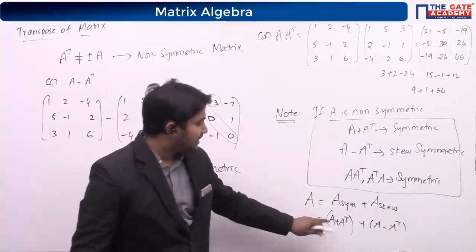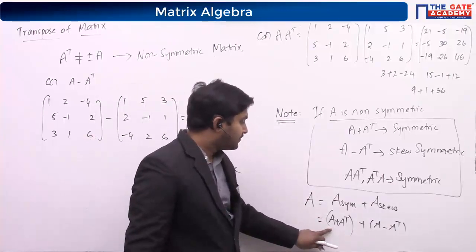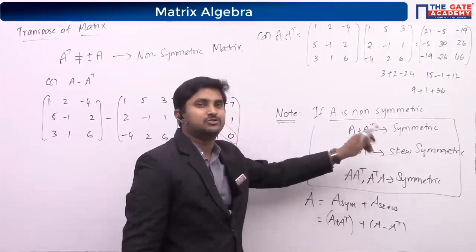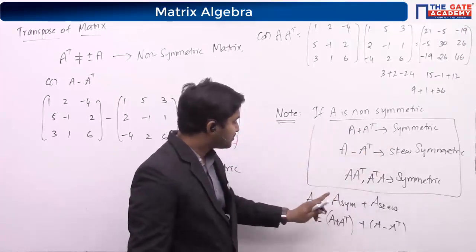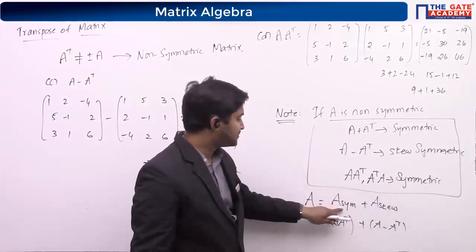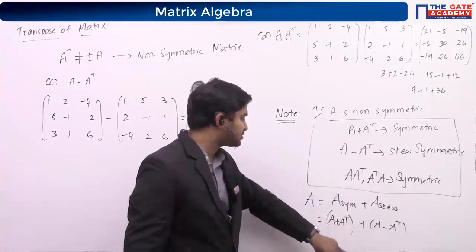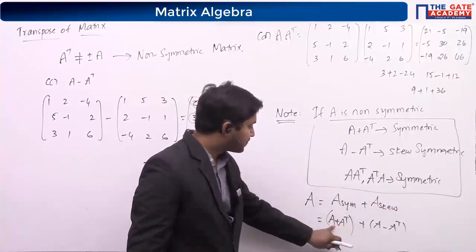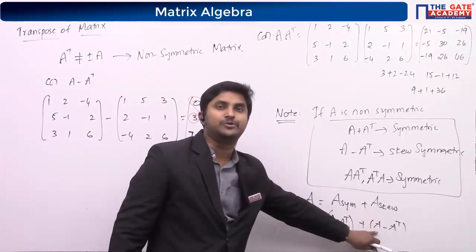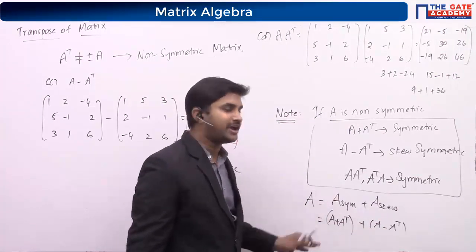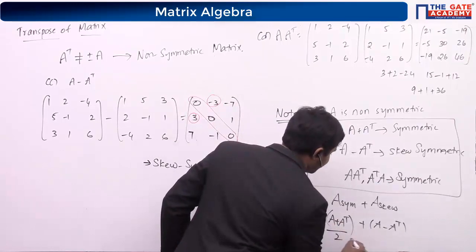Because we came to know that if you add them it's going to be symmetric, and if you subtract them it's going to be skew symmetric. If I try to equate it, then on the right hand side it's going to be 2A, whereas on the left hand side it's going to be A. I cannot equate A and 2A, so I'll better divide it by 2.